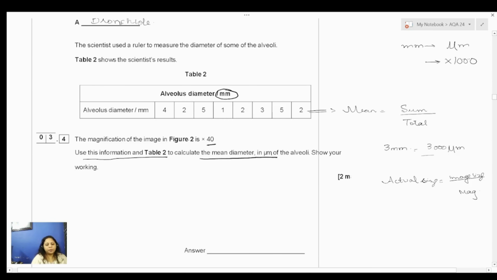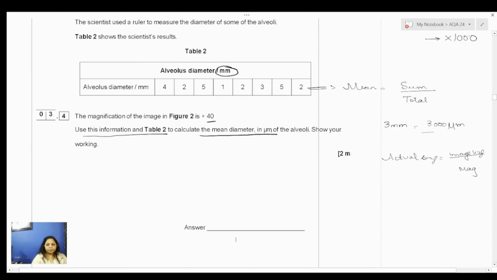So we have 40, exactly. We already have the size of the image. We have to tell the actual. Here we are finding the actual size, 75 what? Millimeter or micrometer? Micrometer. The unit should be correct.